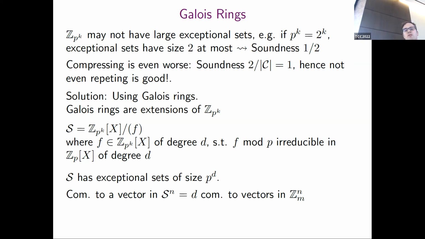Then the question is that you have to commit to vectors that have elements in that extension ring. But the point is that you can always see those vectors as d vectors over the smaller ring. So a commitment to that is just the commitments to vectors over the ring, and everything works fine with the homomorphic properties.